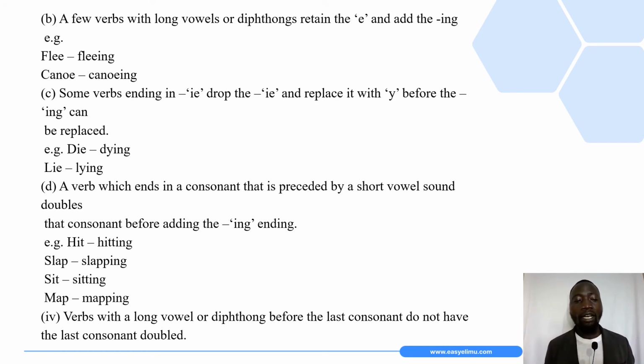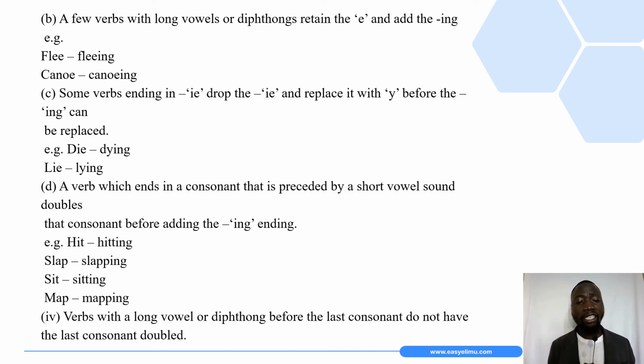The next important detail also to take note of is that a verb which ends in a consonant that is preceded by a short vowel sound normally doubles the consonant before adding the -ing. So we have examples like hit.